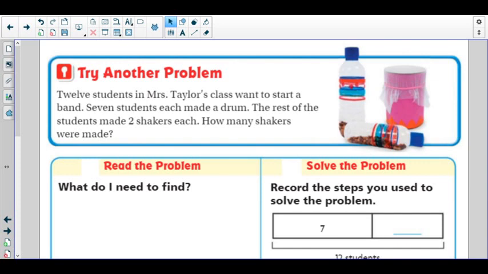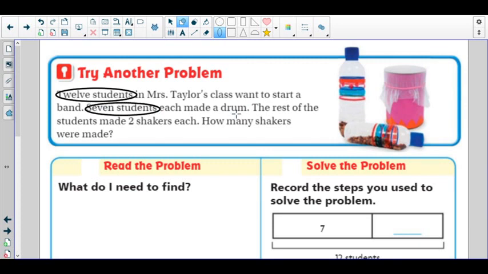All right, let's take a look here on the next page. With this problem right here, 12 students in Mrs. Taylor's class want to start a band. 7 students each make a drum.